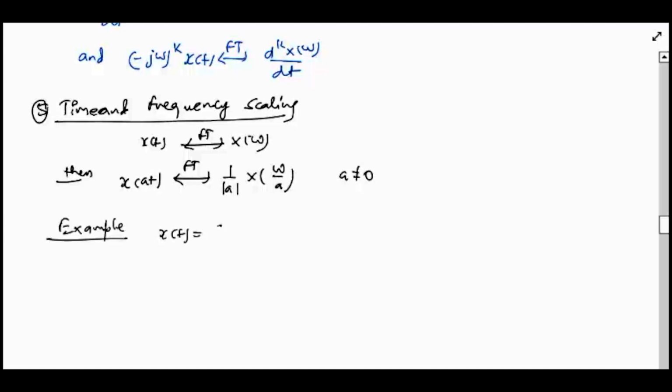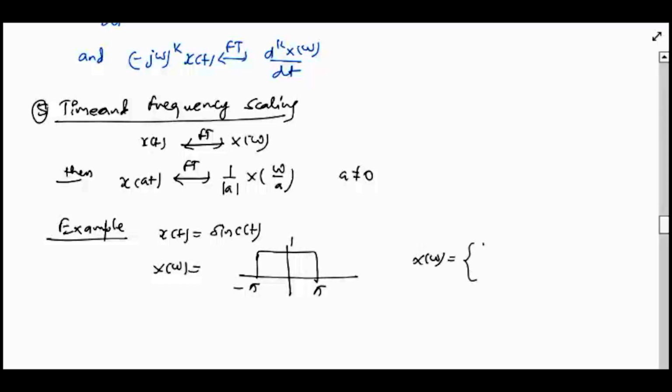Recall that x(t) equals sinc t has Fourier transform X(omega), which is a pulse signal as follows. So X(omega) is 1 for omega between minus pi and pi, and 0 otherwise.